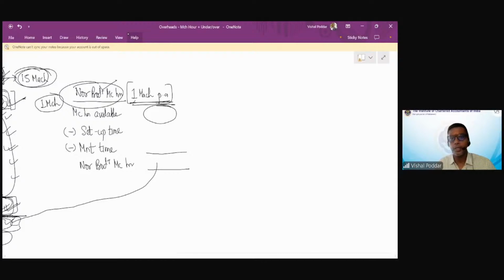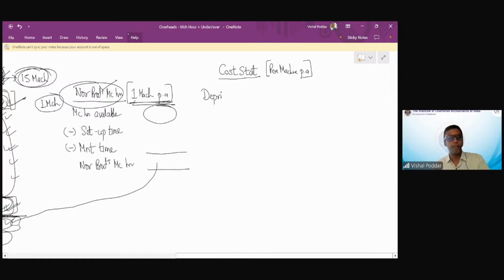First is my cost sheet, cost statement, whatever you find appropriate. You may use the terminology. You can also call it a statement of cost. This is per machine per annum, right? Now, what are the different costs?